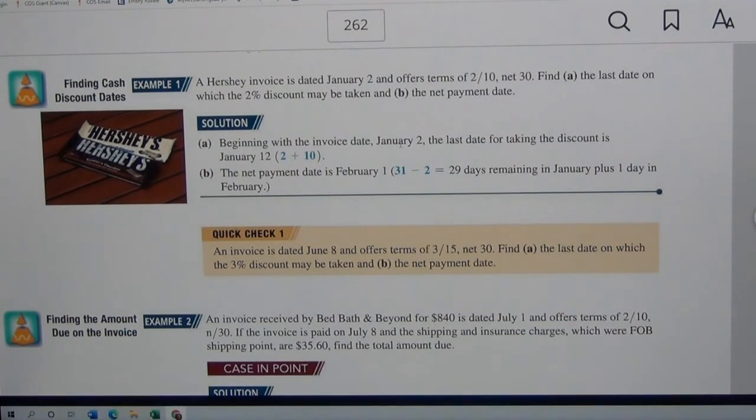We know that there are 31 days in January. We've already used up 2 if it happened on the 2nd. So 31 minus 2 gives us the 29 days remaining in January after that invoice was issued. We're looking for 30 days, and we've used up 29, so 1 day into February will give us the 30 days. That means it's due February 1st.